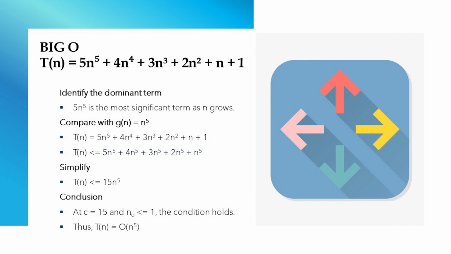So this means that if we add up these terms, we're going to arrive at 15n raised to power 5. Which means that T(n) is less than or equal to 15n raised to power 5.